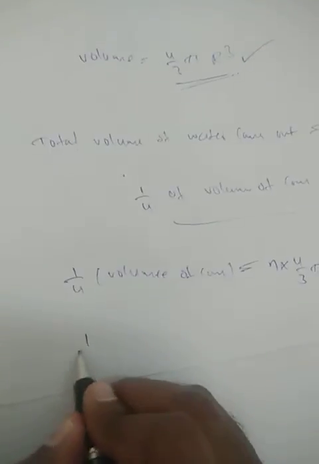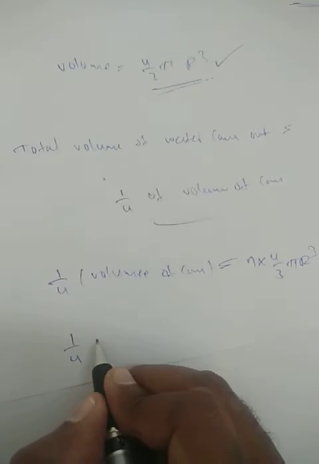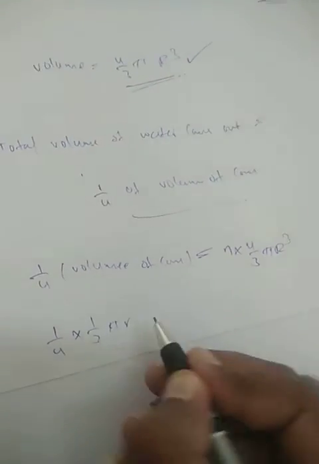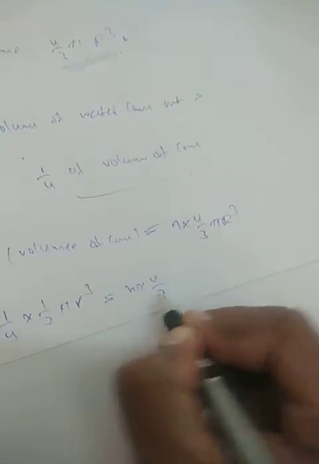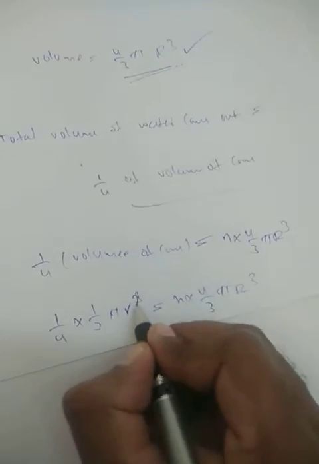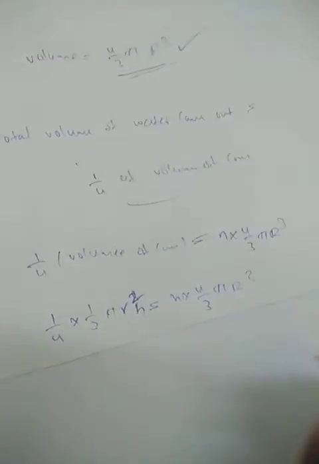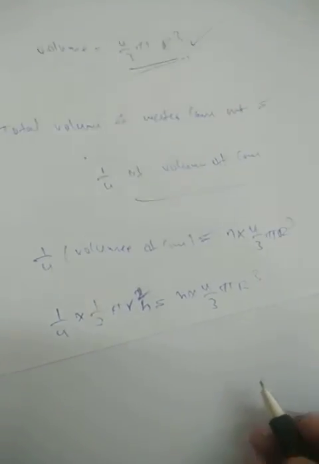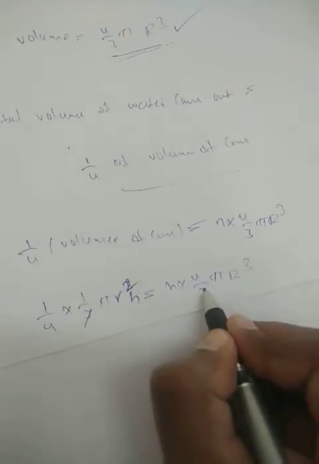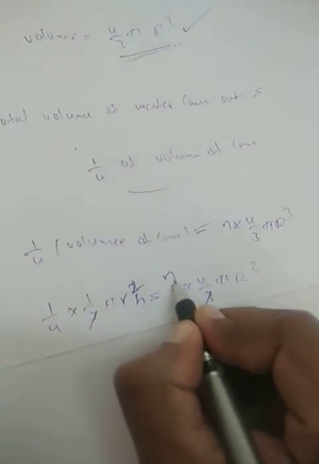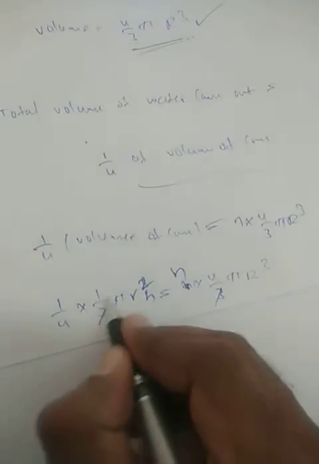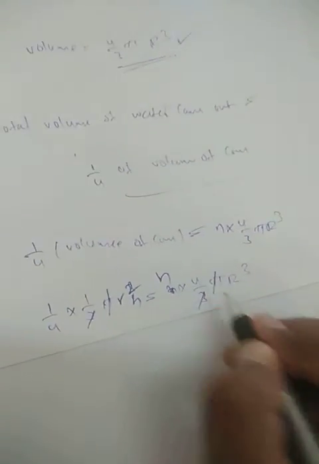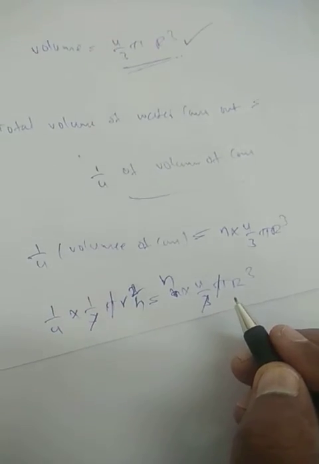Here what you will get? 1/4 into 1/3 pi r square h is equal to n into 4/3 pi r cube. Look here carefully. The 3 will be cancelled. Pi and pi also going to be cancelled.